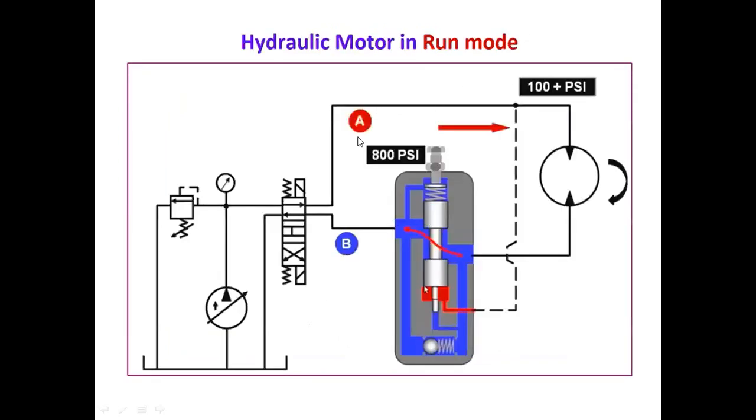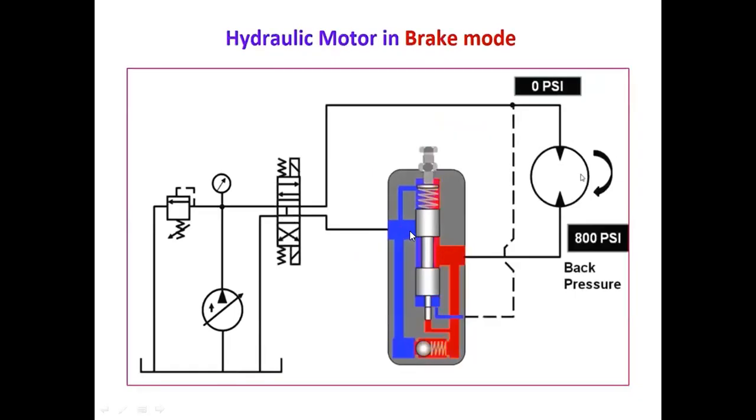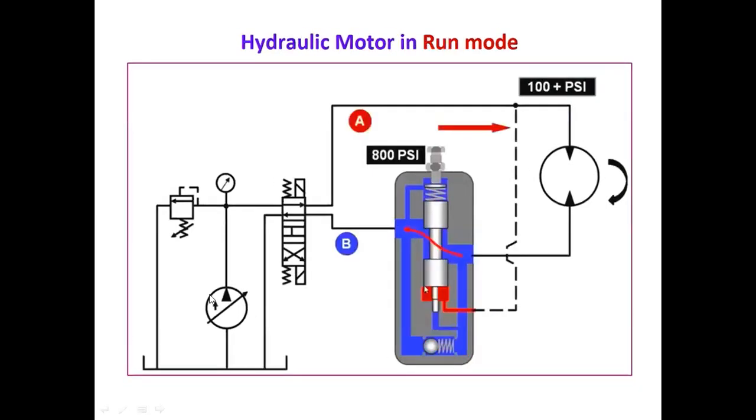Hydraulic motor in run mode: 8 psi here, 100 psi here. This is the motor, this is the brake valve. This is the circuit; here, this is the actuating position. After that, this is the brake valve. Here, return pressure sensors.